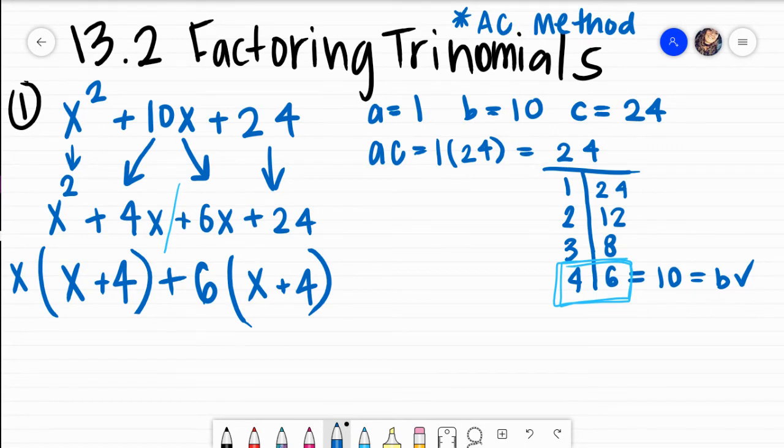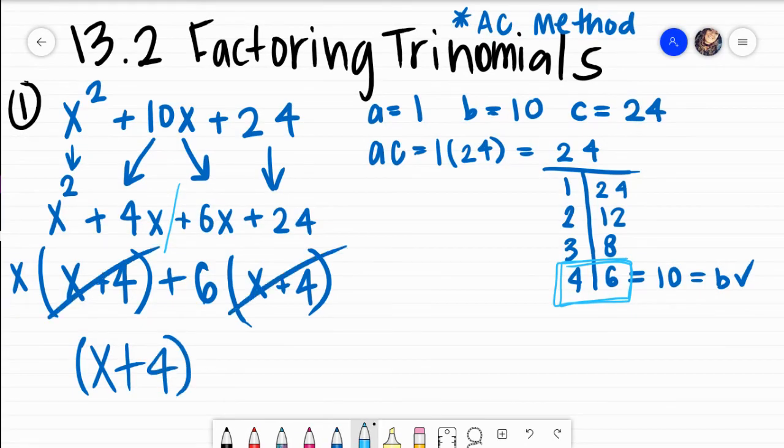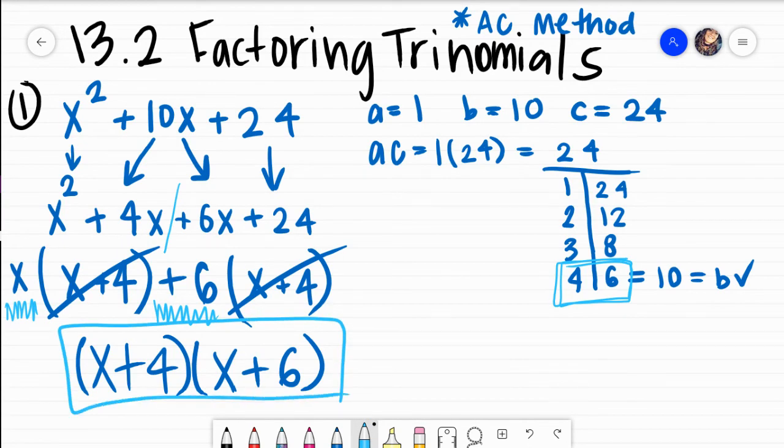Parentheses are the same. I only need one. And then what's left over? Put it inside of a set of parentheses together, and you're done. That would be your final answer.